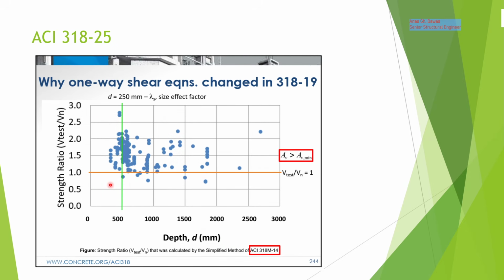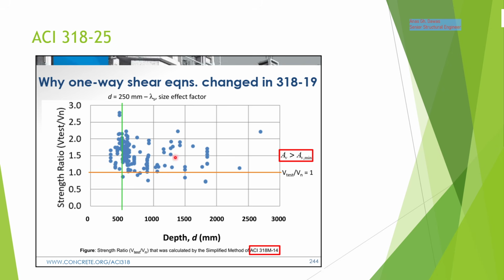As you can see here, when we provide the minimum shear reinforcement, the results also improved a lot, and now only a few samples failed. I believe that ACI always accepts a percentage of samples that will fail and will not reach the target or the expected calculated capacity.